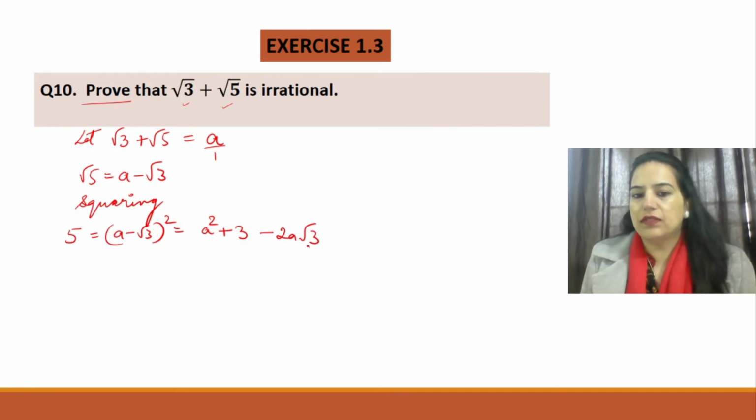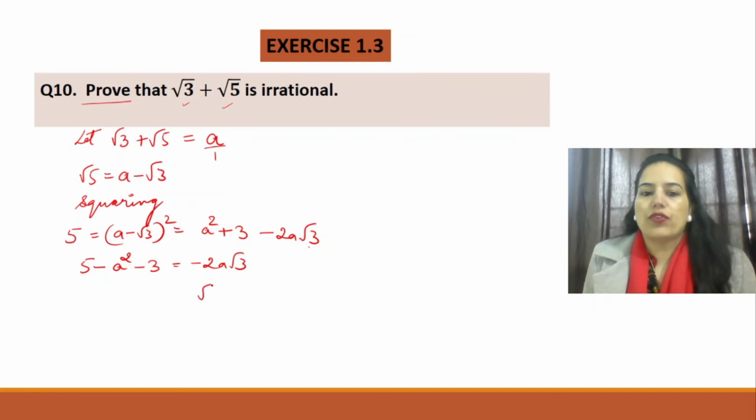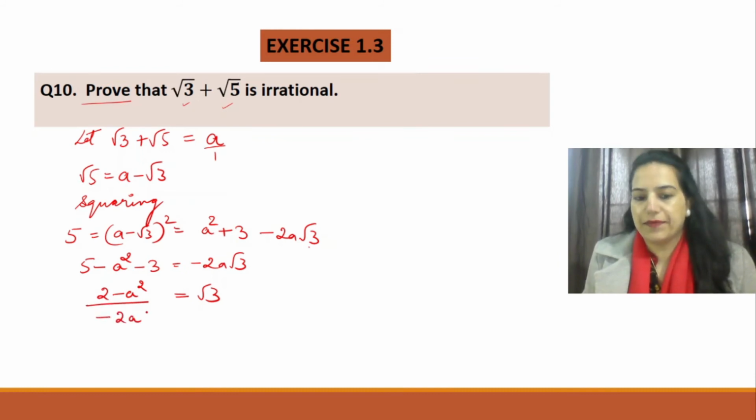Now, irrational term minus 2a root 3 on one side and rest all on the other side. So I'll transpose: 5 minus a square minus 3 is equal to minus 2a root 3, or root 3 is equal to 2 minus a square upon minus 2a.